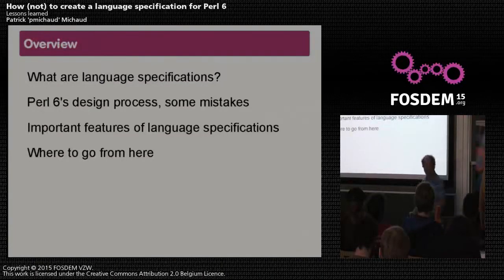And so I'll talk about what are language specifications. I'll talk about Perl 6's design process and what I see in retrospect as being some mistakes that were made in the design process. Maybe 1 or 2, but that's all. Some important features that I've learned for language specifications and where I hope that the Perl 6 development team will be able to take things from here on this specific topic of language specifications.